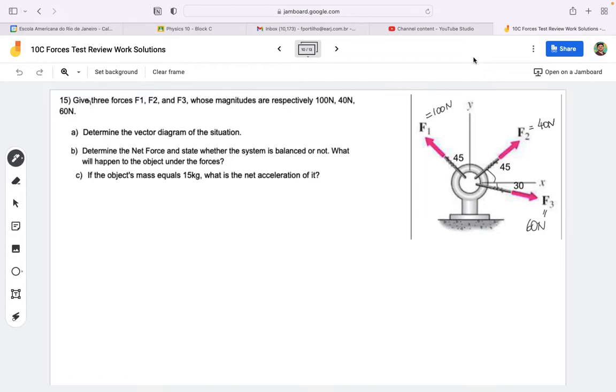And then afterwards we're able to determine the net acceleration, given that we have the magnitude of the net force. All right, so here we go.